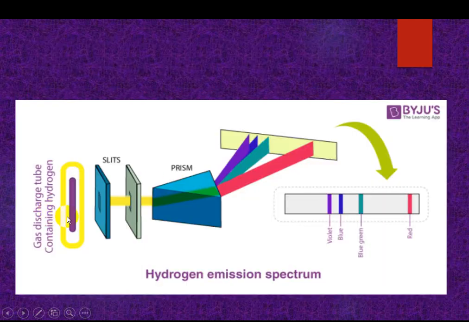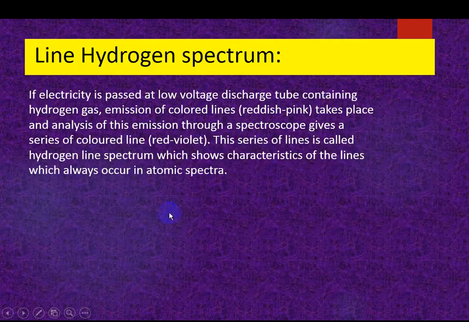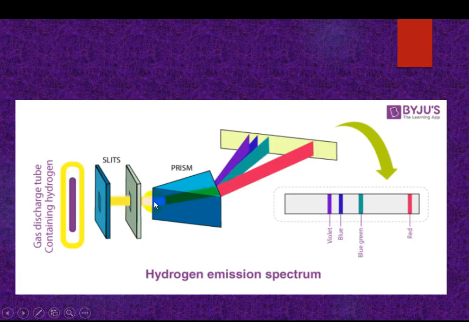So this is a gas discharge tube containing hydrogen gas. If electricity is passed here at low voltage, emission of color takes place, like in a prism.